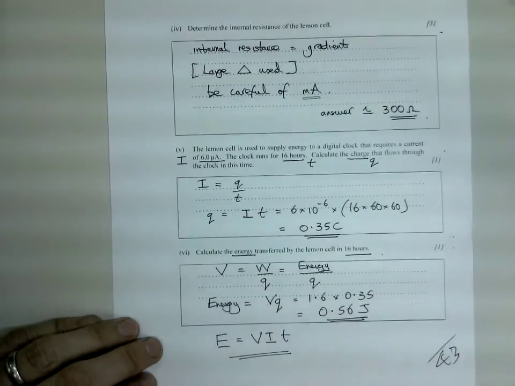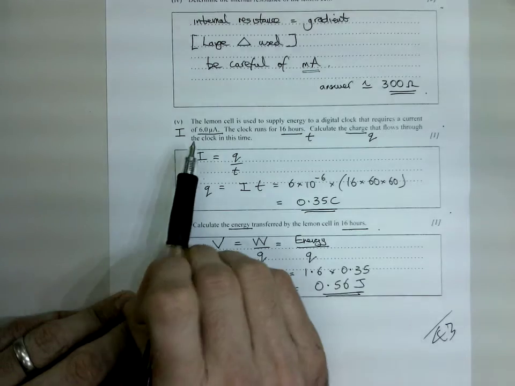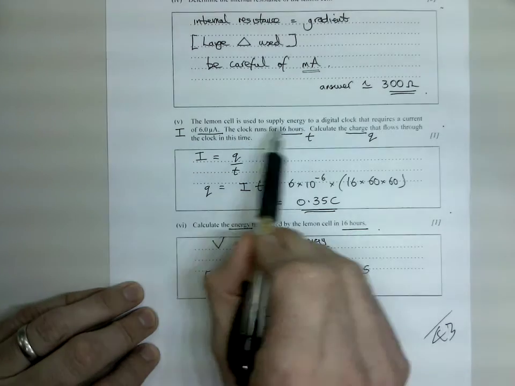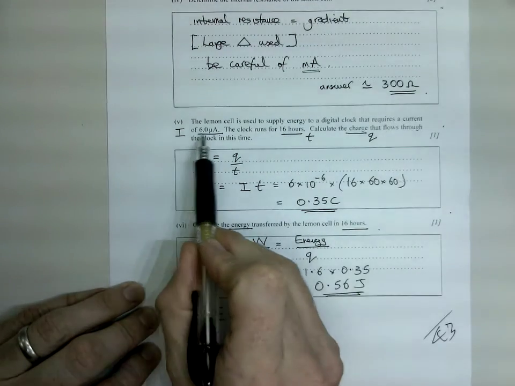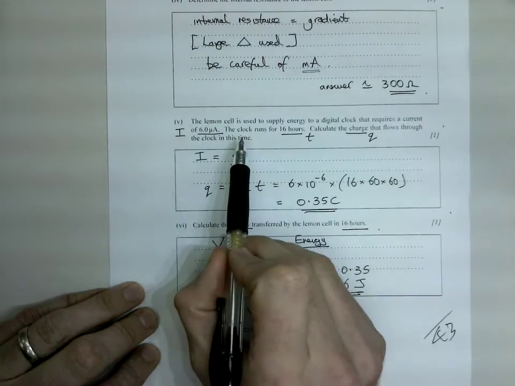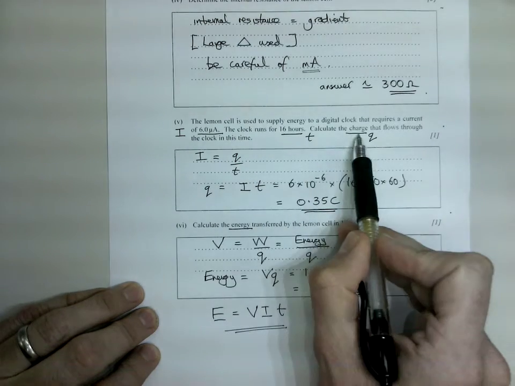And the final 2 questions, 2 calculations. So you're told that the lemon cell is used to supply energy, and it requires a current of 6 microamps, and the clock in this case runs for 16 hours. Calculate the charge that flows.